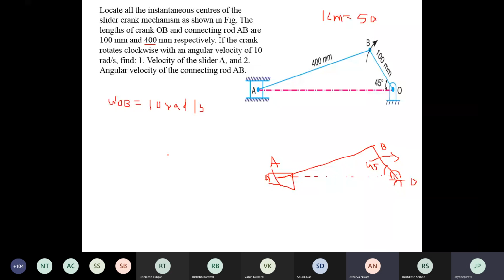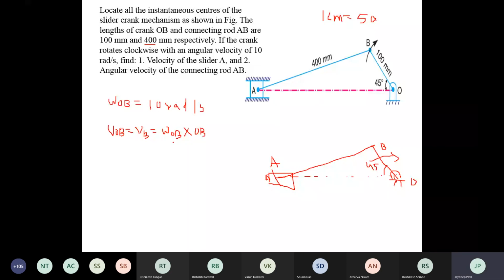Now, how can we find the velocity of B or velocity OB? You can write velocity OB or velocity B, because the velocity at point O is 0, it is fixed. Velocity OB is equal to omega OB into OB, the distance OB.